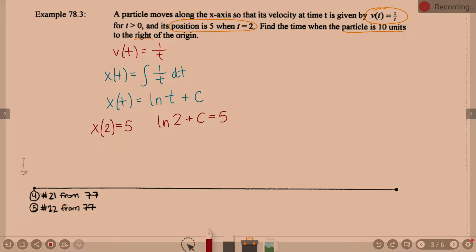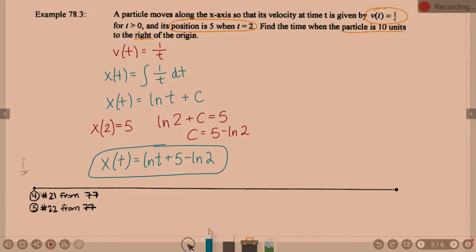So c is a lovely value here of 5 minus the natural log of 2, and we are leaving c just like that. It's fine. You may not think it's fine, but I promise it is. So my position function, x of t, is the natural log of t plus 5 minus the natural log of 2.